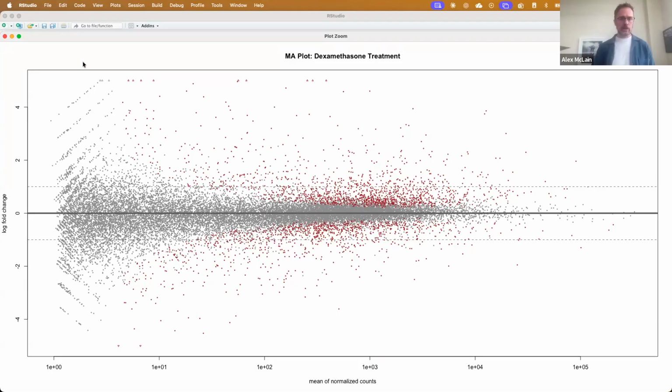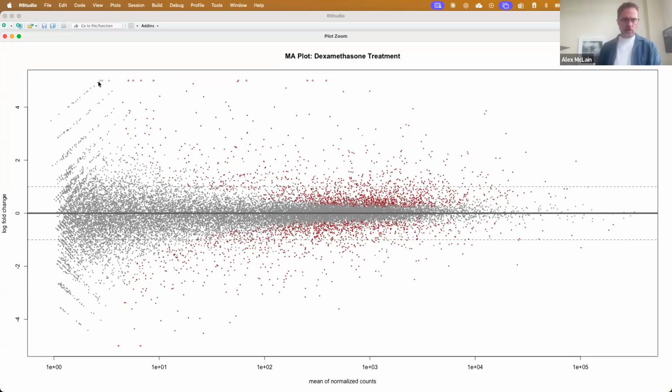It's just that when we're down in this lower region, things are a lot more variable. When we're up in this higher region, we don't get as much variance in our results. Okay, so we don't want to see a lot of significance down in this region either. That would be an indication that our filtering is not working as well as it might be.